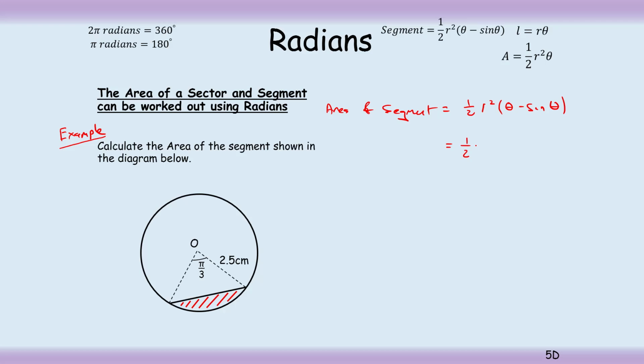Half times the radius squared, 2.5 squared, times theta, pi by 3, minus sine of theta. Now, I always feel that if you can enter all this into your calculator in one go, do it. If not, we'll do what's in the brackets and then multiply.